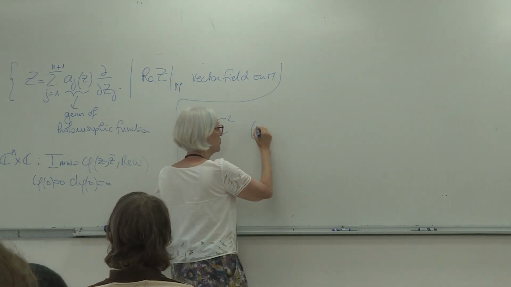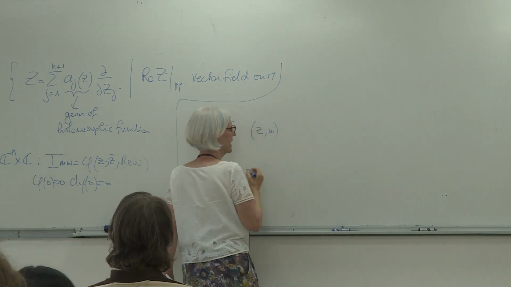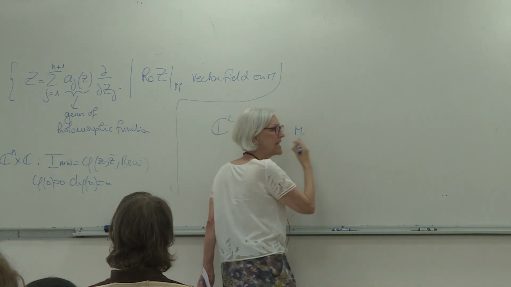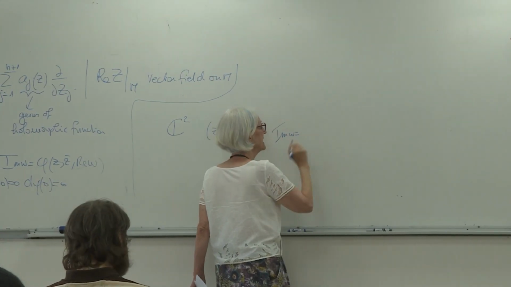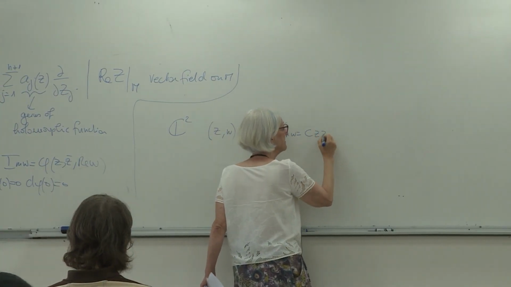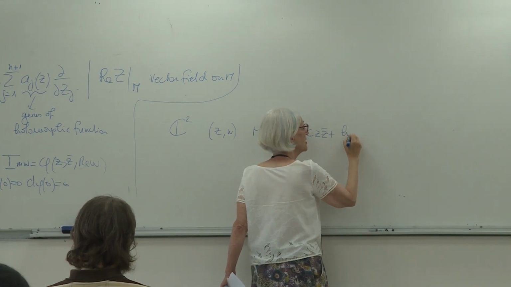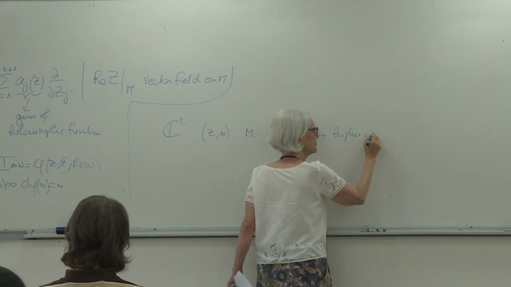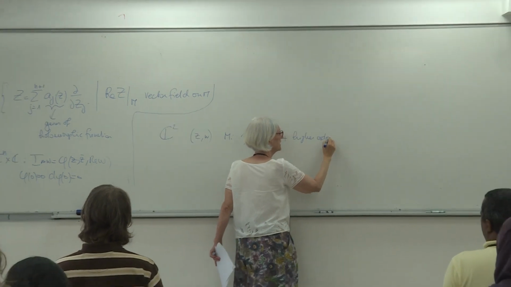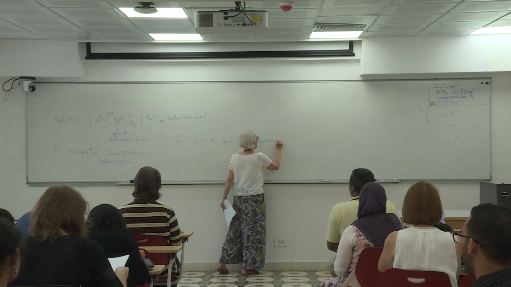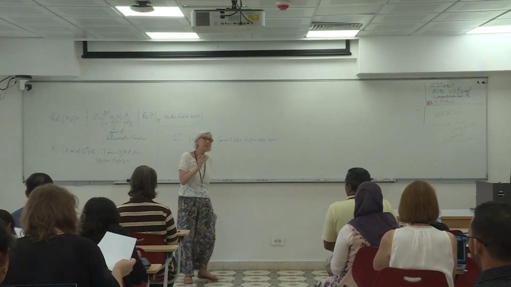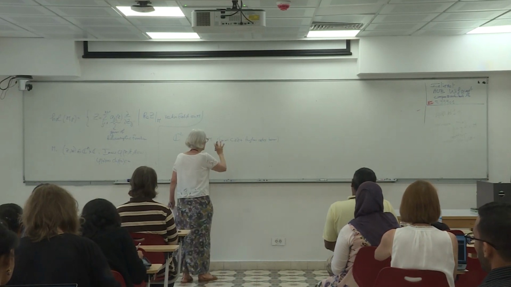So in C2 you have coordinates z, w, and any M can be written locally near 0 like Im w is c z z bar plus higher order terms. You can always write your hypersurface locally like this. And remember, M will be just smooth.